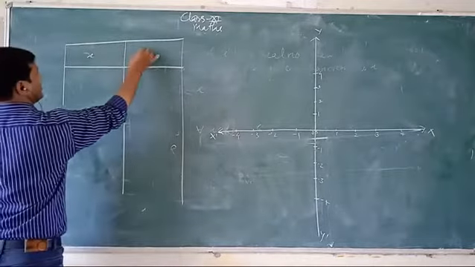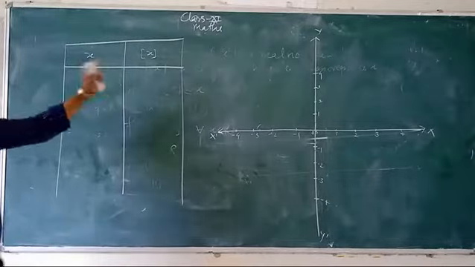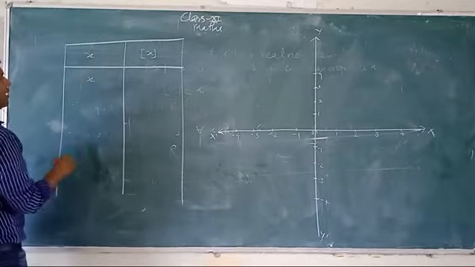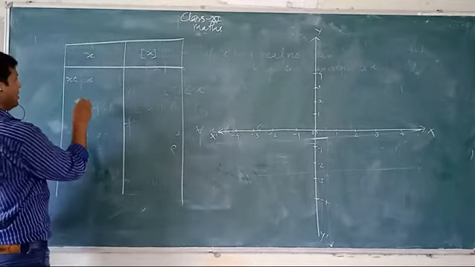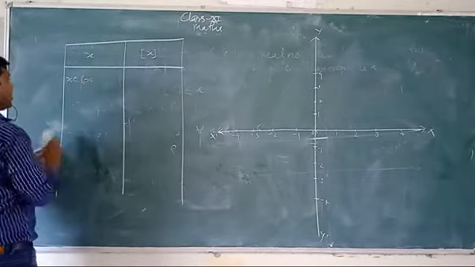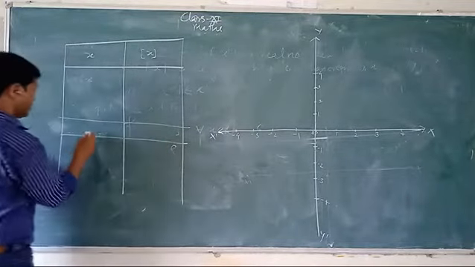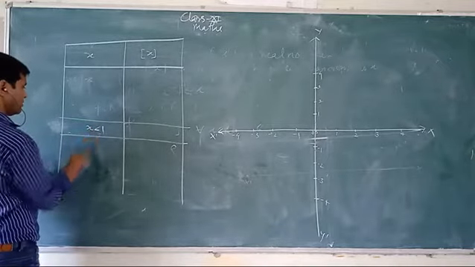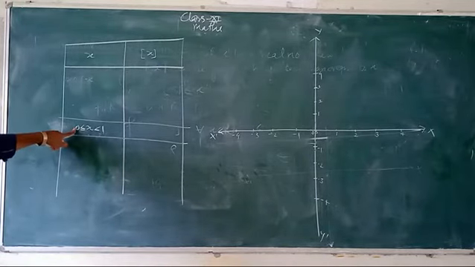Here the x, the greatest integer function, using this symbol. हम कह सकते हैं, सीधे हम स्टार्ट यहाँ से करते हैं, यानी if x is less than 1 and greater than or equal to 0.